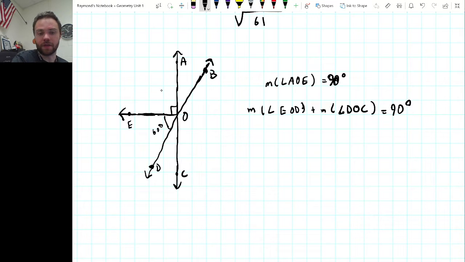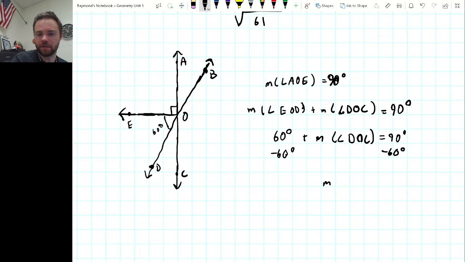And the reason is because angle EOA forms a straight angle with EOD and DOC. Well, we know that the measure of angle EOD is equal to 60 degrees, so I'm going to plug that in. And I'm trying to find the measure of angle DOC. Then I can subtract 60 from both sides of this equation, and I get the measure of angle DOC is equal to 30 degrees.